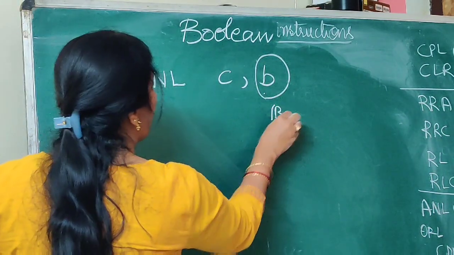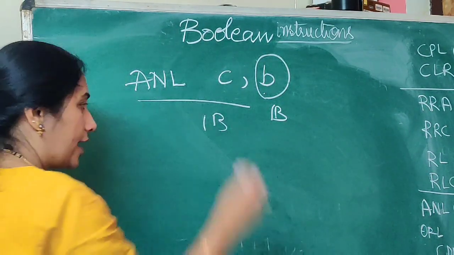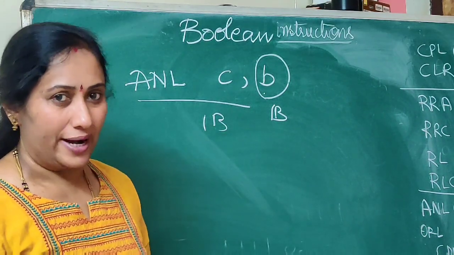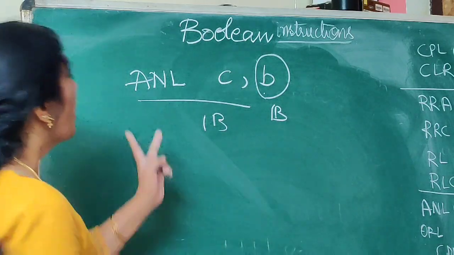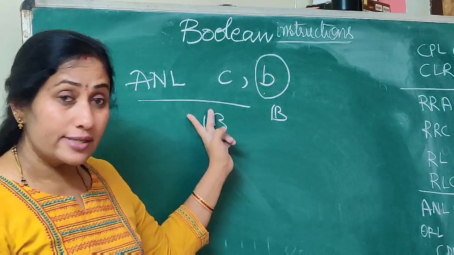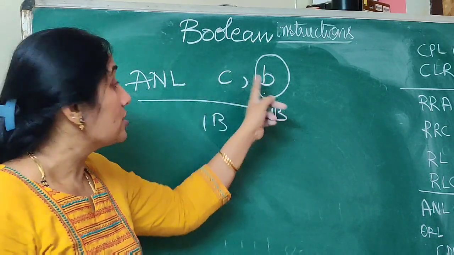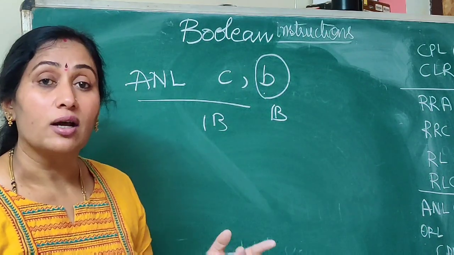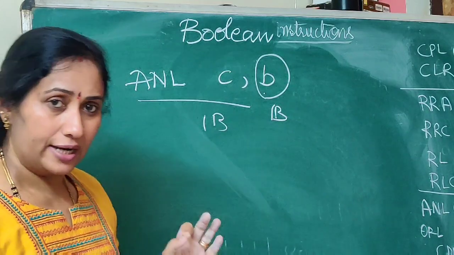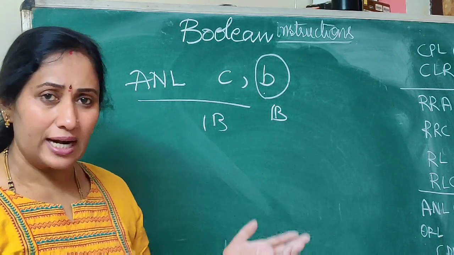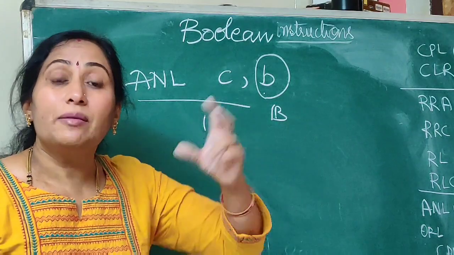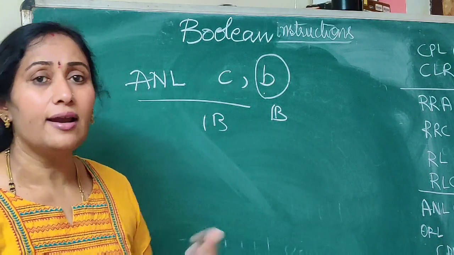Here I am going to specify any bit address. This takes 1 byte and the opcode takes 1 byte, so the total length of the instruction is 2 bytes. What kind of addressing mode is it using? Direct addressing mode, because I am writing the direct address of a bit. It may be any SFR's bit addressable address, or a bit address in the bit addressable area of the internal RAM.